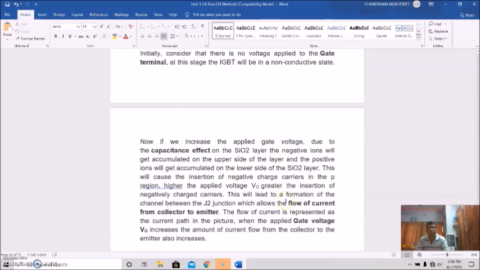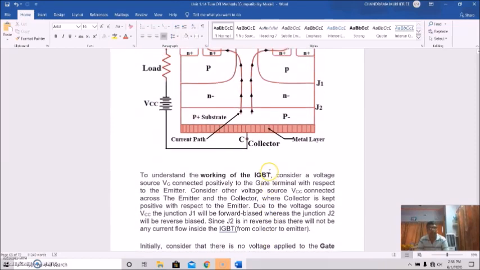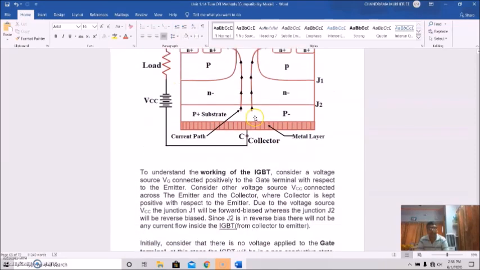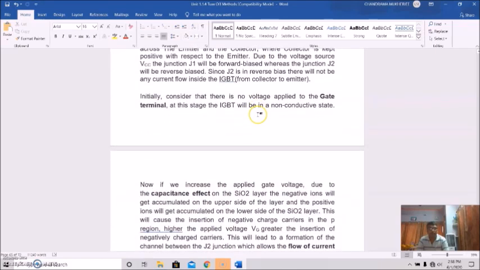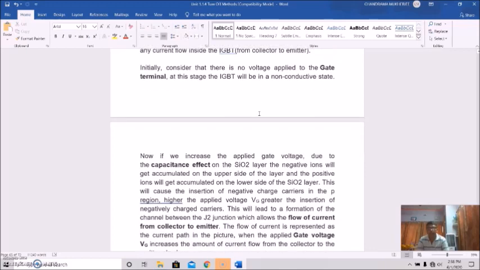Now if we increase the applied gate voltage, due to the capacitance effect on the silicon dioxide layer, negative ions will get accumulated on the upper side of the layer and positive ions on the lower side. This will cause the insertion of negative charge carriers in the P region.